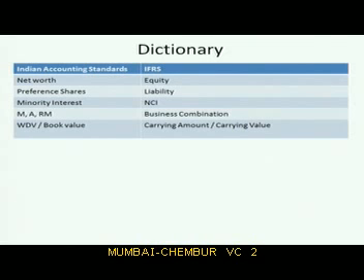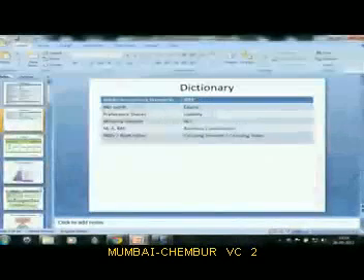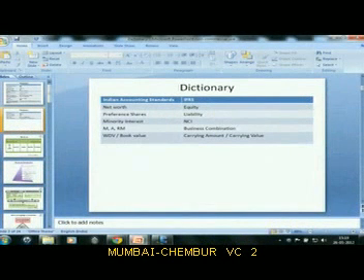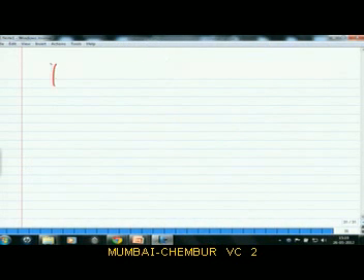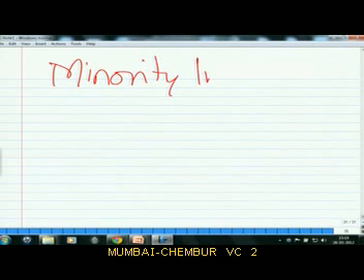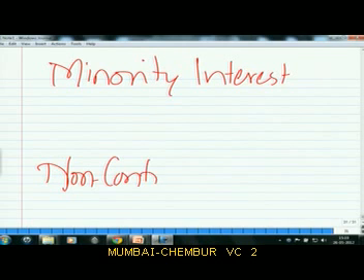Minority interest or non-controlling interest. Let's dwell upon something more about it. The concept of minority interest continues in Indian standards, and IFRS comes up with the concept of non-controlling interest.